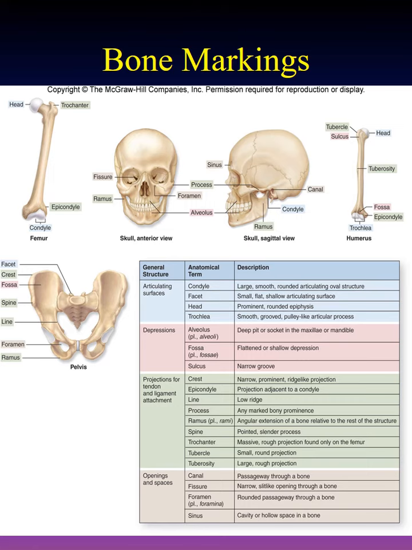For projection sites, we have the crest, epicondyles, lines, processes, the ramus or rami if there are more, spine, trochanter, tubercle, and tuberosity. And then the openings and spaces we term canal, fissure, foramen or foramina for multiple, and sinus. You'll see these throughout many bones.